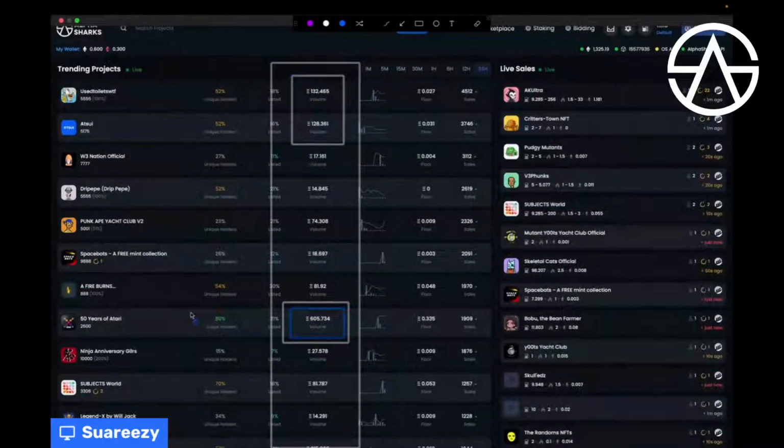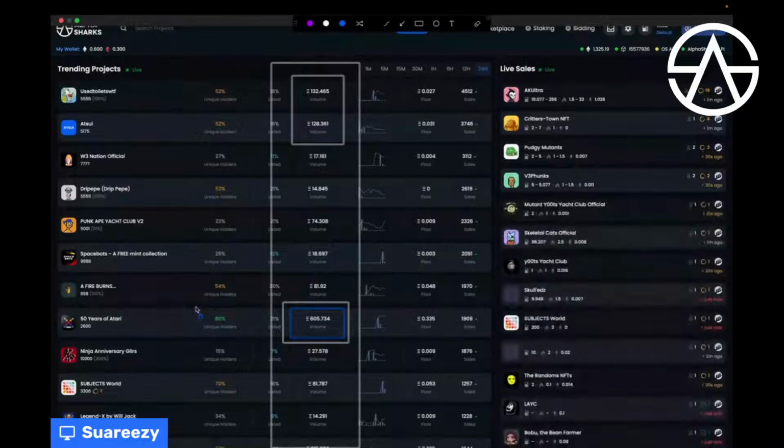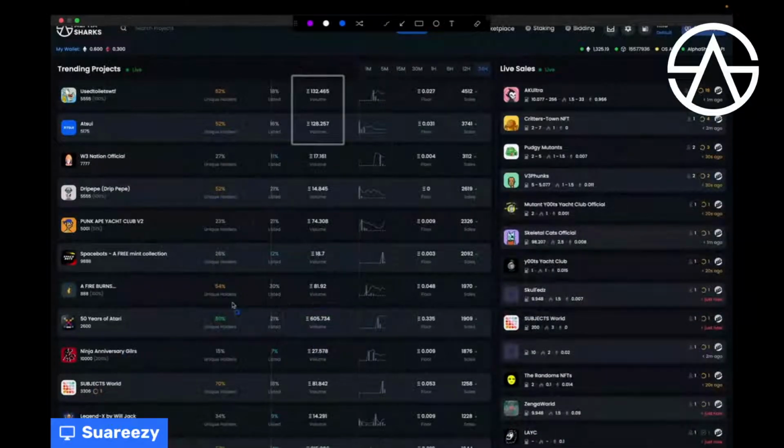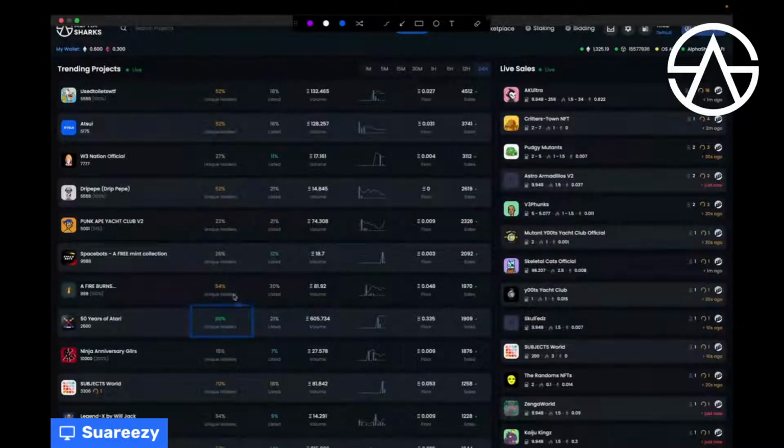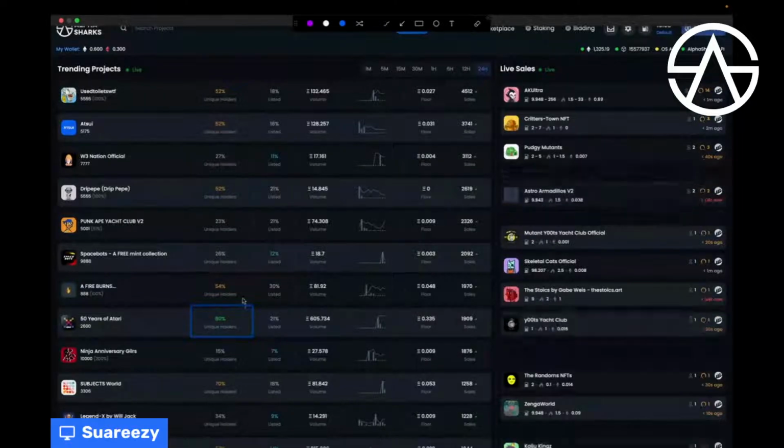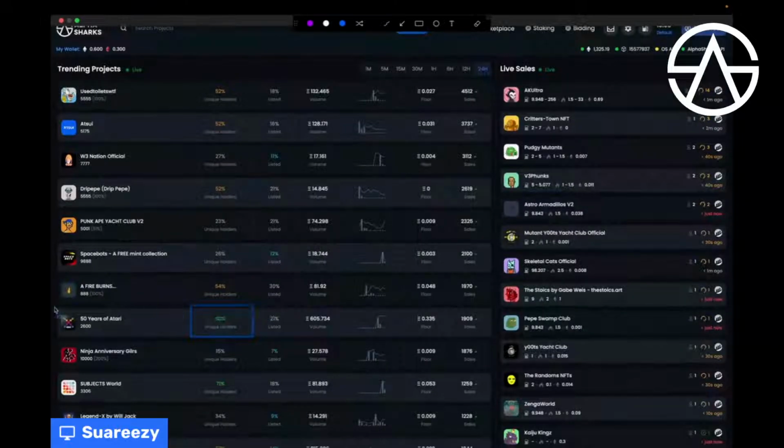So this is something we definitely have to take into account. Another thing we should notice is the unique holder count. That's highlighted green, saying we have 80% unique holders with this project, and that's a very key number we want to look at over time.